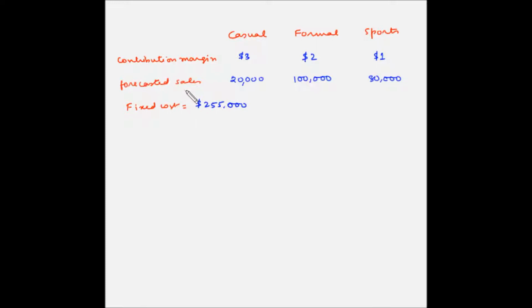The forecasted sales for the next period is 20,000 units for casual shoes, 100,000 units for formal shoes, and 80,000 units for sports shoes. And the fixed cost for that period is $255,000. So the first question is, what is the company's break-even point in units?